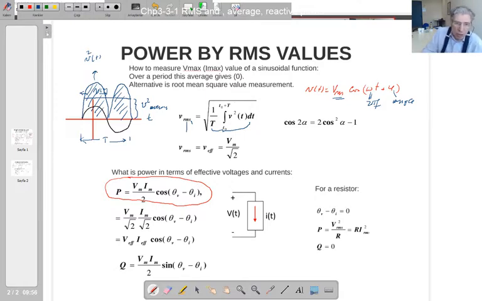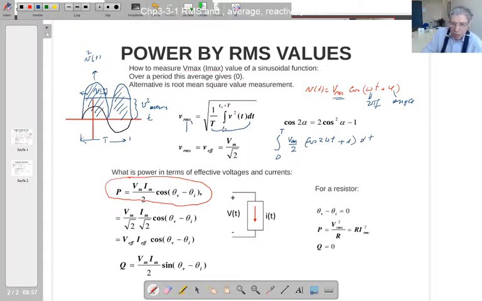So what is this value for a sinusoidal function? You're going to get this integral here, from 0 to T within a period. So v square, if you write this square function here, if you use that trigonometric relation, it's going to be Vm squared over 2 times (cos 2 omega t plus 1) dt.